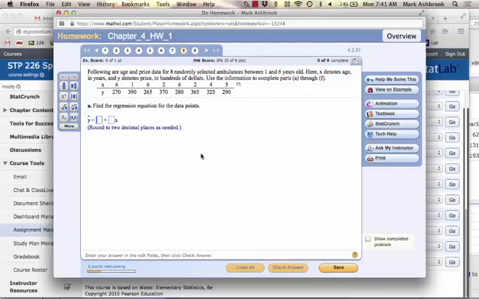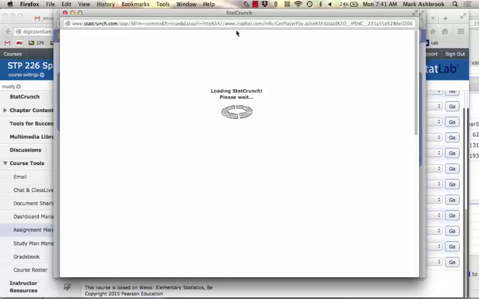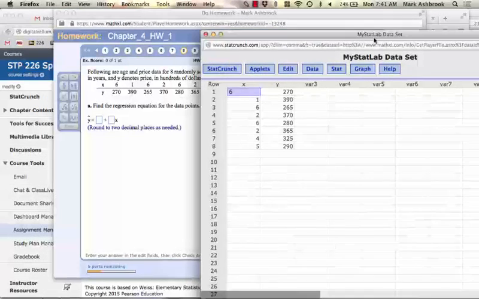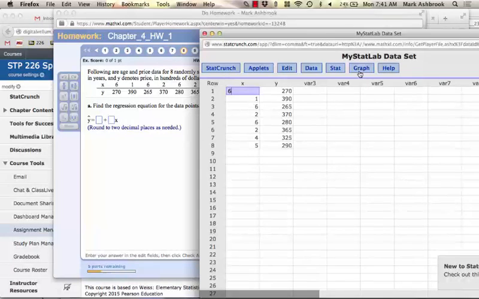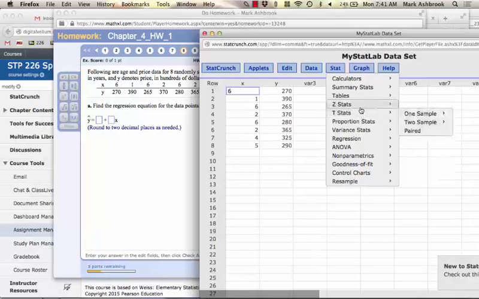So we want the regression equation, and we can do that through StatCrunch. So we're going to do stat, regression, simple linear.